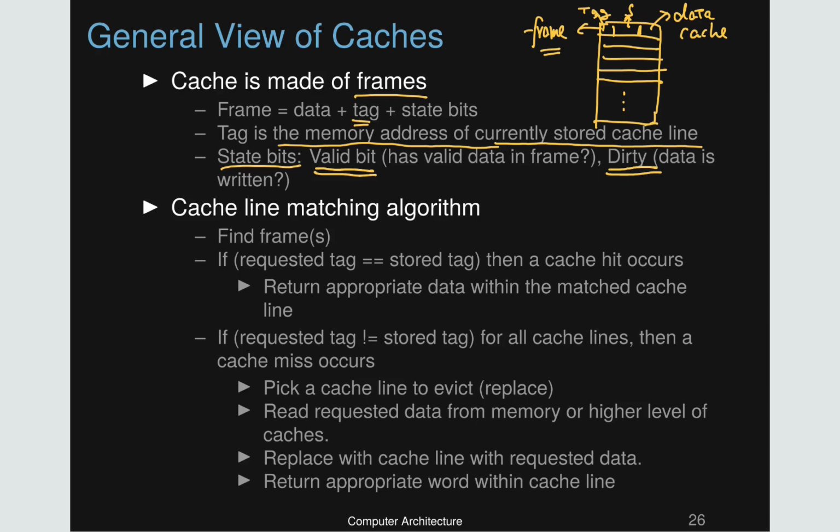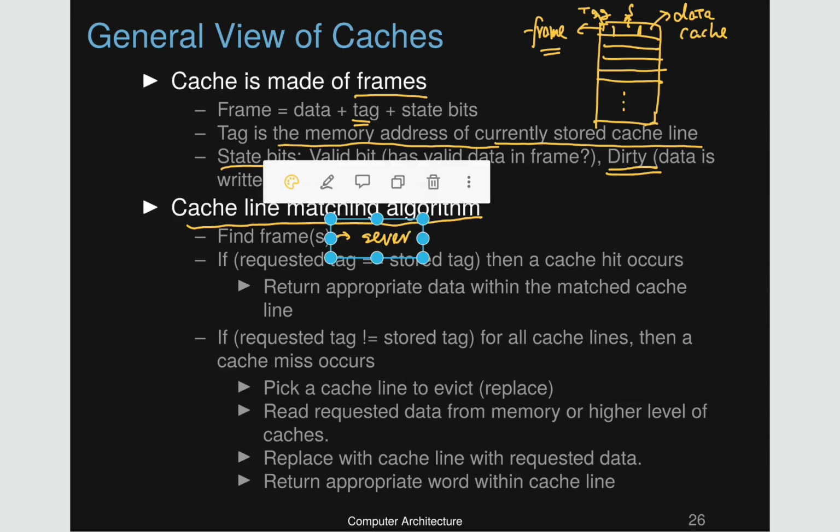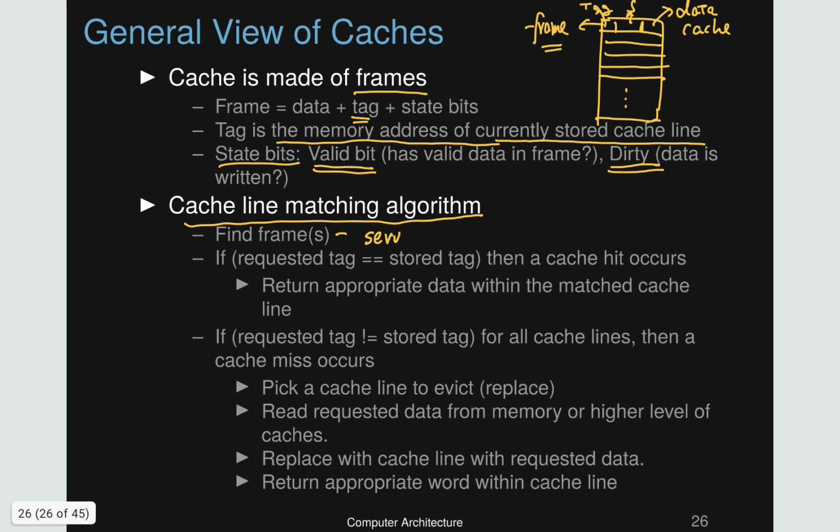All this information in the frame is mainly used to help us identify a cache line. This auxiliary information is used in the cache line matching algorithm, and the cache line matching algorithm is effectively to find a frame to serve the requested data.